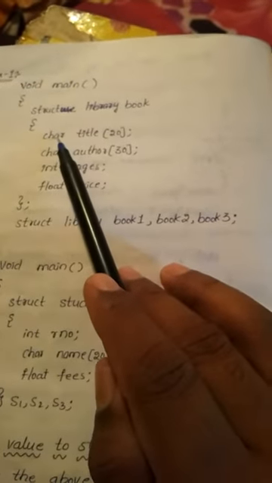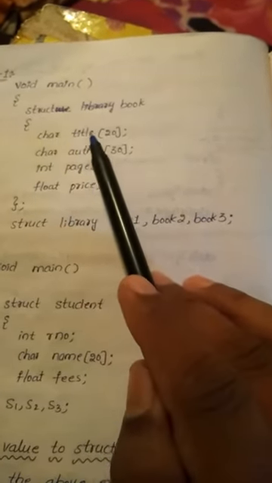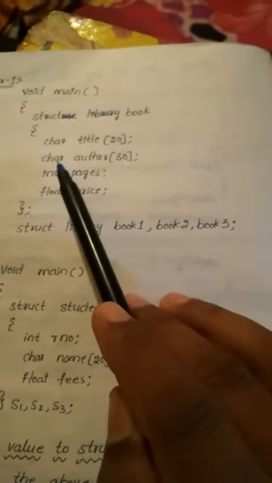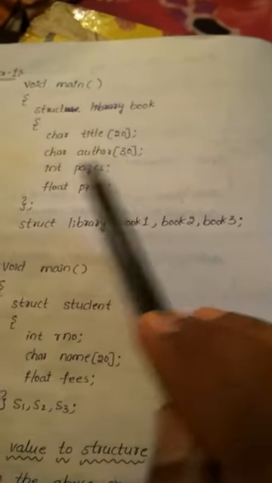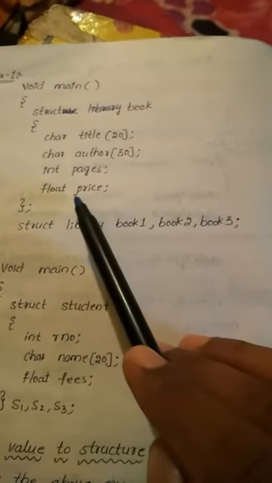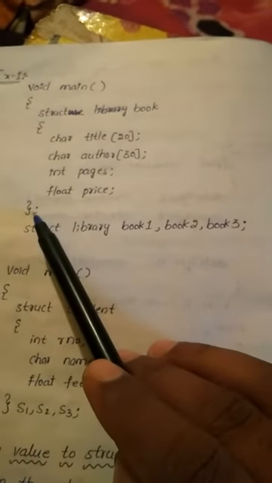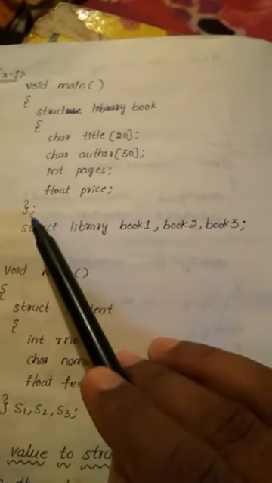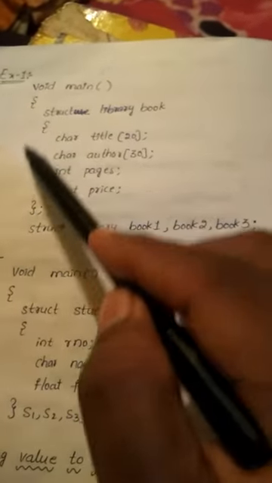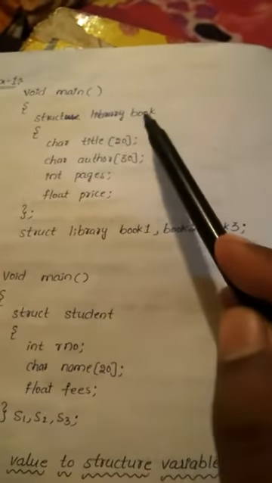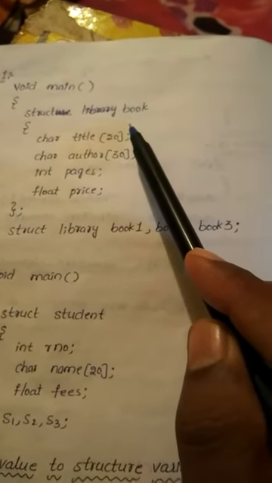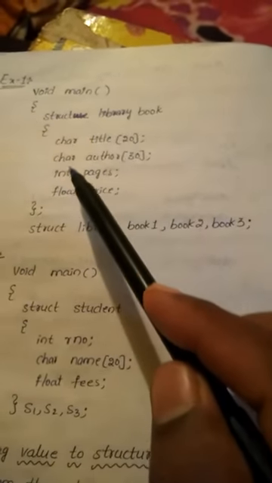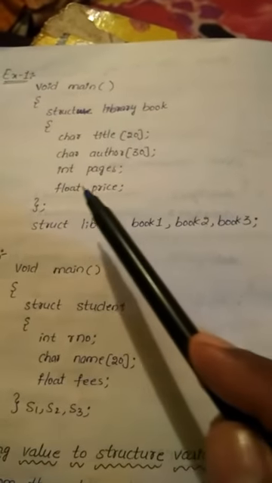Opening brace, data type char, structure element name title with size, char author, int pages, float price, and close with a semicolon. So this is a structure declaration. In this structure book, how many elements have we declared? Four elements we have declared.